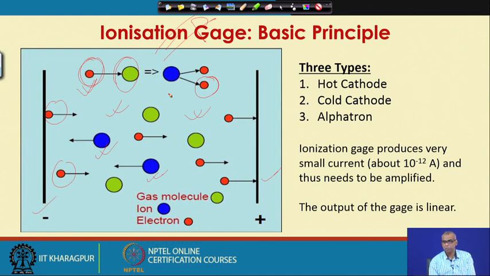So, the basic principle of ionization gauge is that we emit electrons which acquire kinetic energy, and those electrons collide with the gas molecules whose pressure I am going to measure. After this collision, positively charged ions are formed. I can measure the current due to production of the positively charged ions, and that current will be a measure of the number of gas molecules, or the pressure.